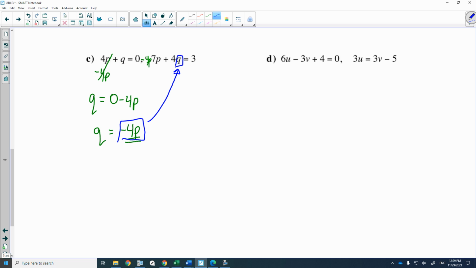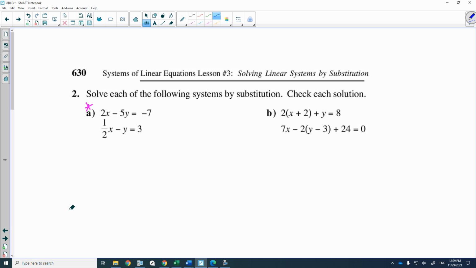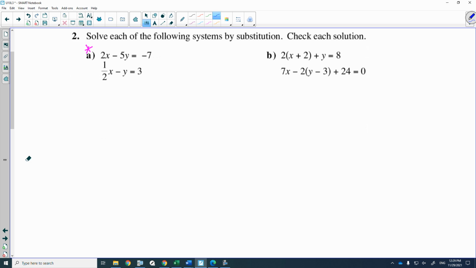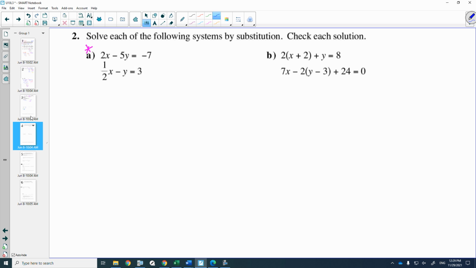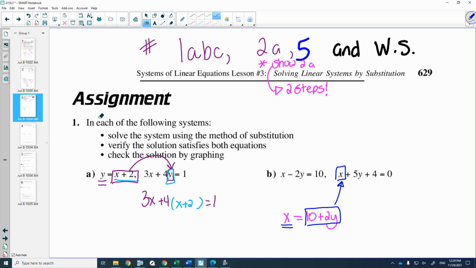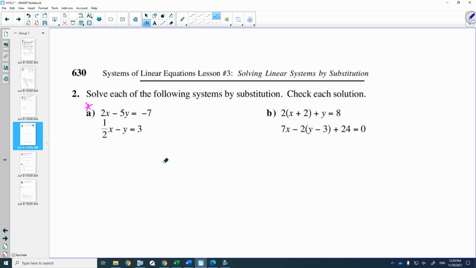Let's look at number 5, because 5 has to actually be done in 2 moves. Or sorry, not number 5, number 2A. Did I write 2A down for homework? I think. See if you guys can figure out which one it is.